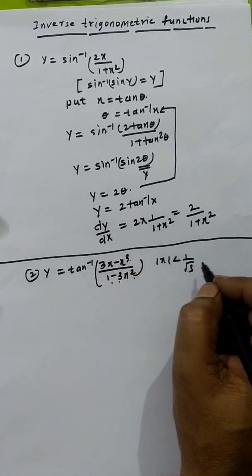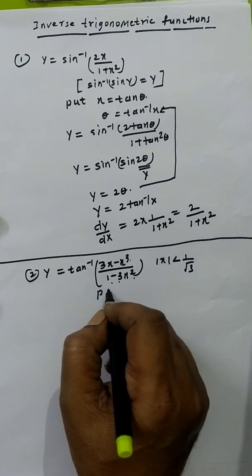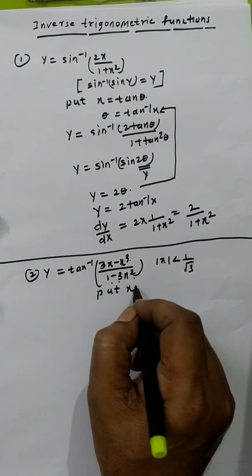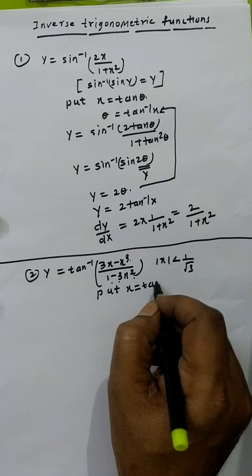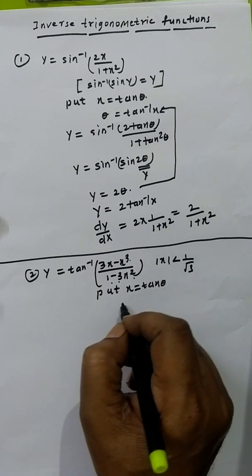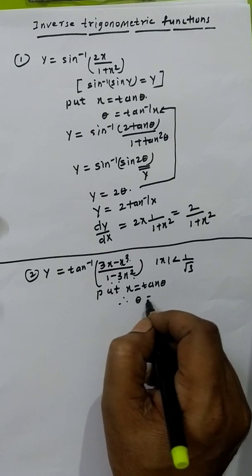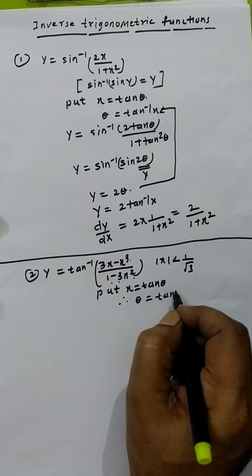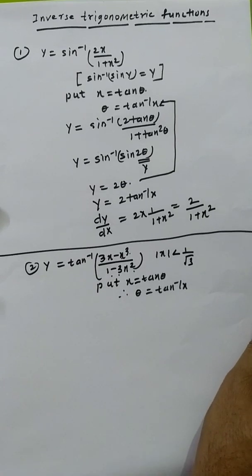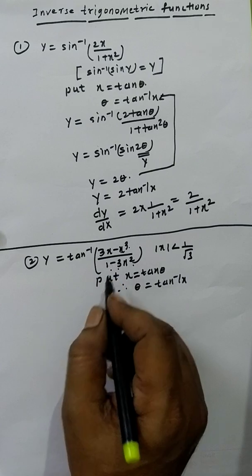First we can put x is equal to tan theta. When you put x is equal to tan theta, theta will be tan inverse of x.